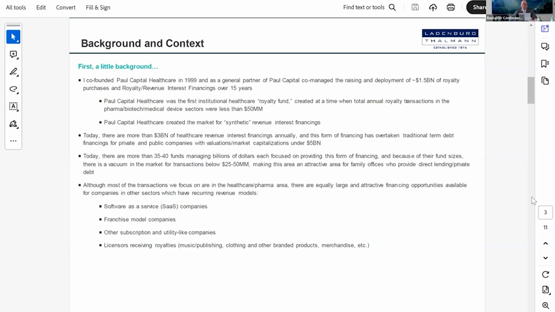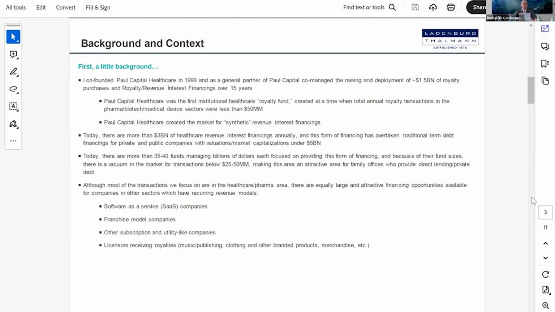Any company that's subscription based or utility based, where there's a very sticky customer relationship, where the customers remain customers for years, is ideal for this form of financing. And then just generally licensors receiving royalties, whether it's music publishing, clothing, branded products, or merchandise, can use this form of financing.